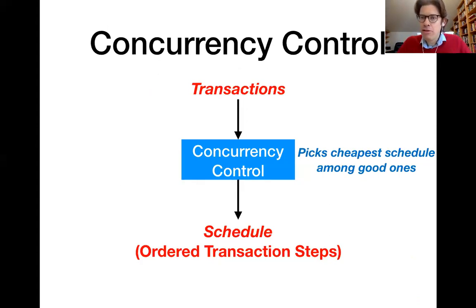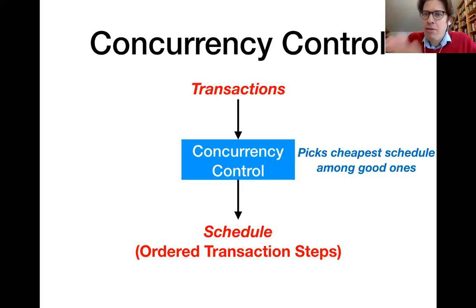And it may do so in a way that interleaves the steps from different transactions. So we do not execute one transaction after the other, but we might execute a few steps from transaction number one, then a step from transaction number two, and then again some steps from transaction number one. But if we do this, we have to be very careful, because otherwise we create strange effects for the user and inconsistent data. And concurrency control is about making sure that this does not happen.